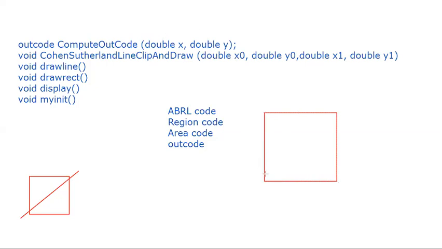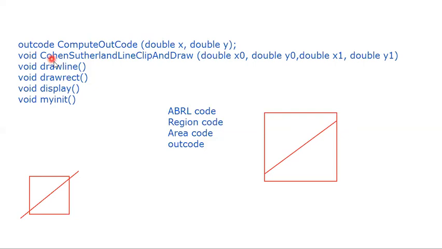I'll just draw it; it will be like this. Here the line is clipped. This is the original input where you are passing the line as well as a rectangle. Here the line is clipped off, and this line clipping is done in this function, that is Cohen-Sutherland line clip and draw.